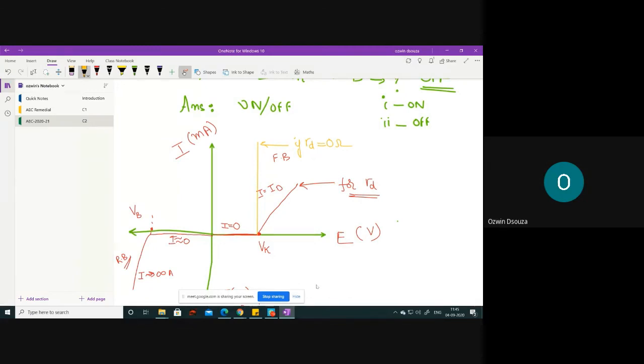We can assume RD as a 0 ohm resistor or a short circuit equivalent because practically the RD value is very, very small. So the orange color stands for first approximation. On the other hand, this red slanted line is your practical circuit, and first approximation is nothing but the derivative of the practical circuit.